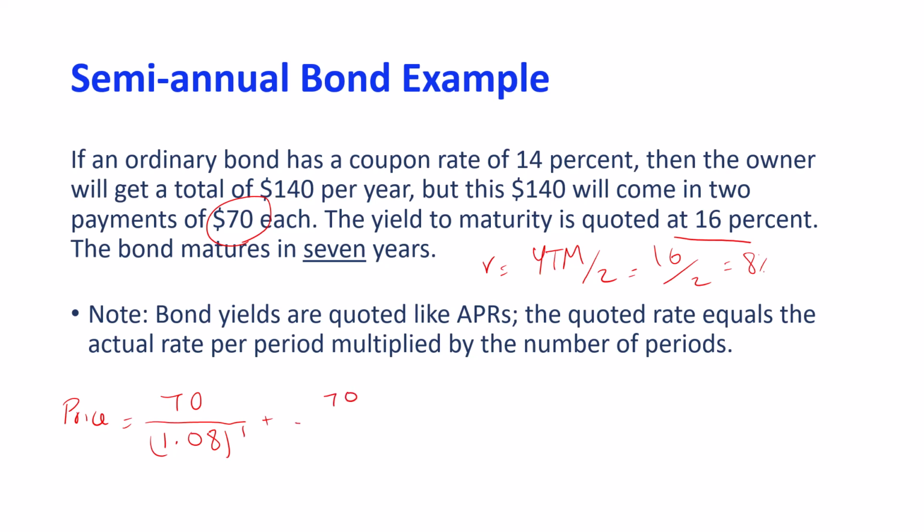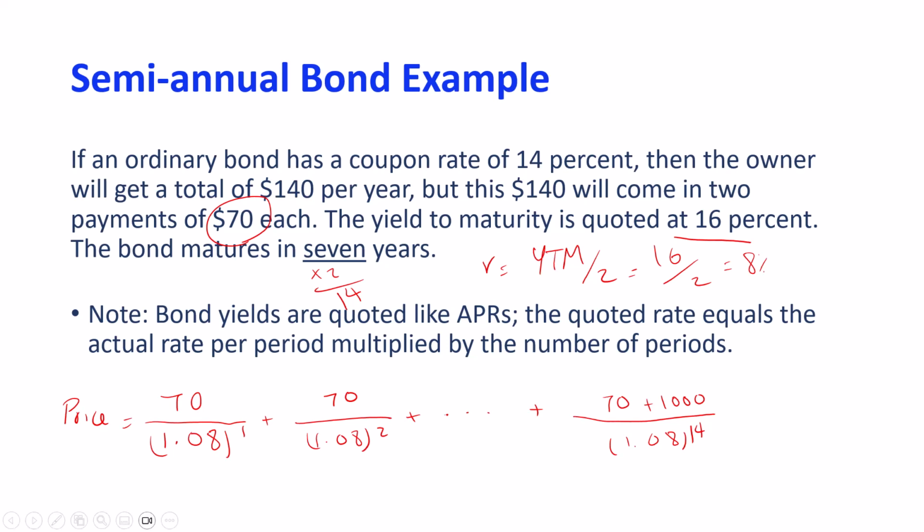The second 6 months, you will have 1.08 to the power of 2. And you'll do that for 7 years. So 7 times 2, you will have 14 6-month periods. So the last payment would be your last coupon plus the principal amount, over 1.08 to the power of 14. So that's how we calculate the price of a semi-annual coupon bond.